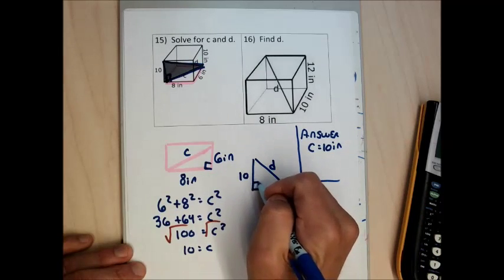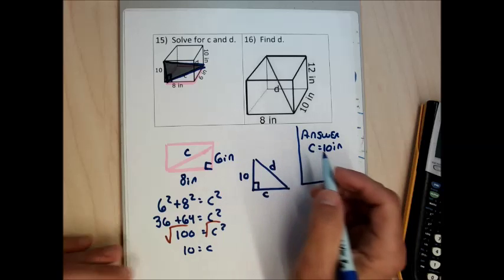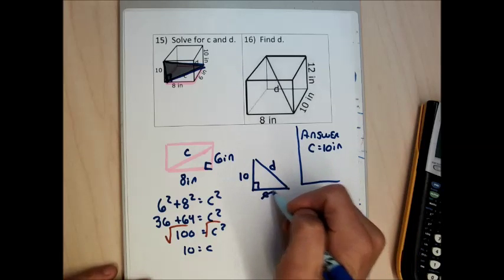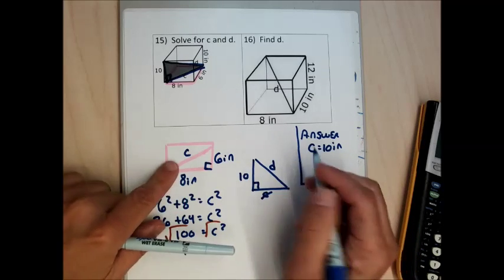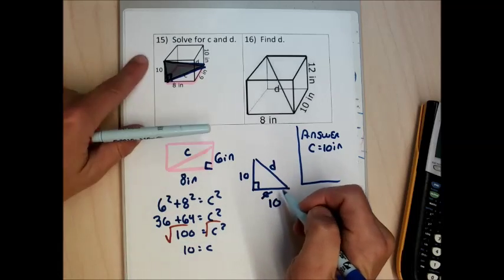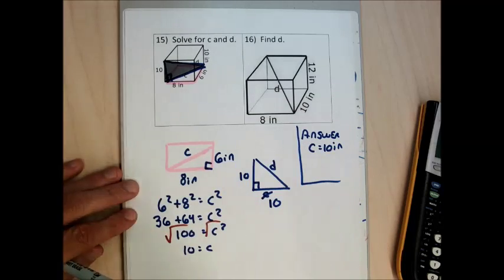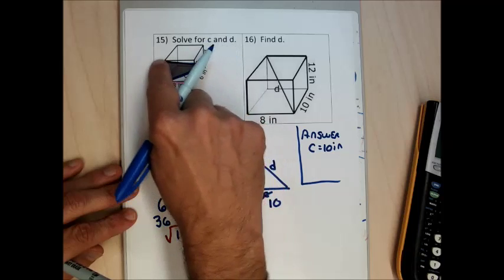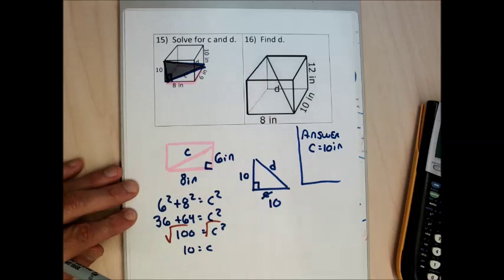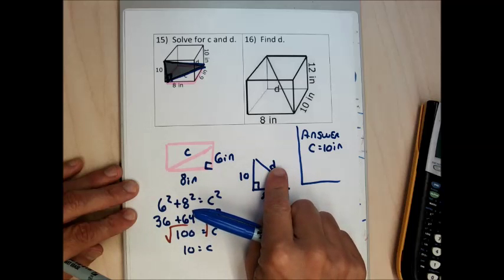And that D is actually a C, and this C is that C, and that C is 10. So this triangle, although it's completely lost perspective, is a 10 by 10, and D is the length of that diagonal. So let me try to find out what that D is by using the Pythagorean Theorem.